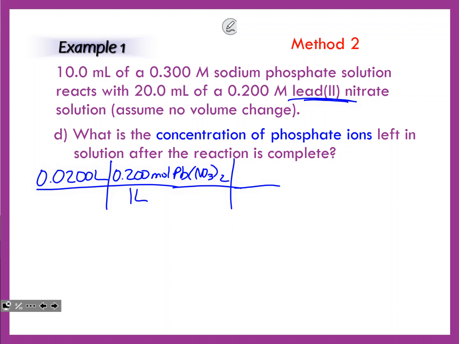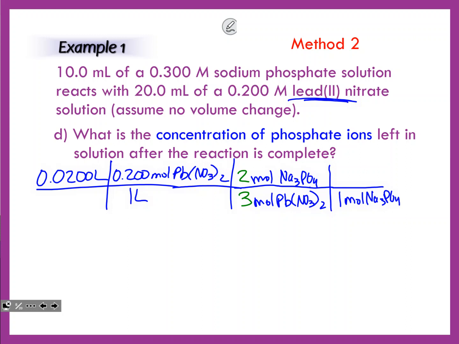Now, we work it to the excess just like before, same idea, you're working to excess. So, moles Pb(NO3)2 to moles of the Na3PO4. Okay? What was the mole ratio between these guys? One of them was a 2 and one of them was a 3. Lead was a 3 and the sodium was a 2? Okay. And 1 mole Na3PO4 equals 1 mole of the phosphate.